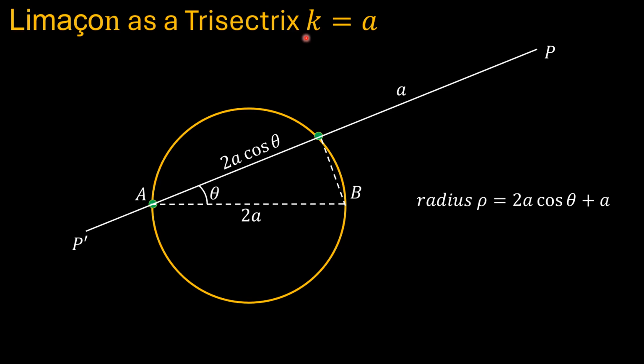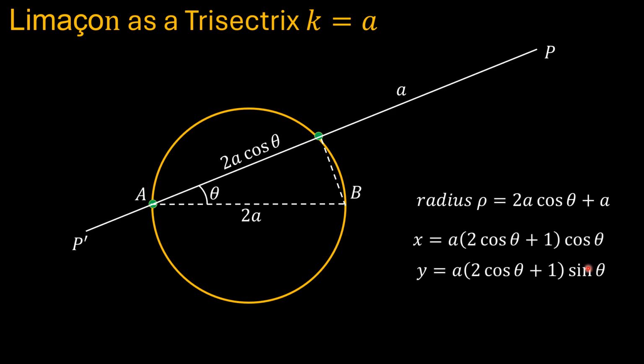For when k equals a, the radius of the circle, the limaçon was a trisectrix. So the question is, why the name trisectrix? Let's go further and elucidate why a limaçon would be a trisectrix when k equals a.